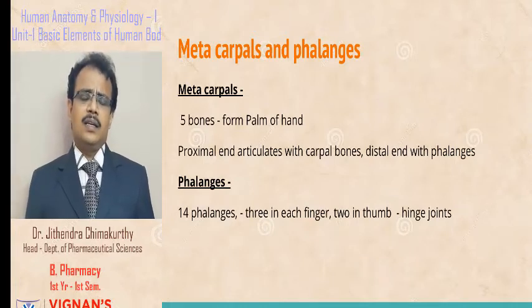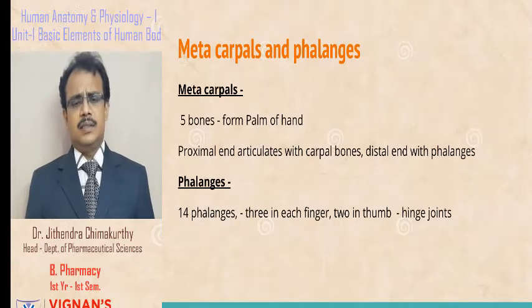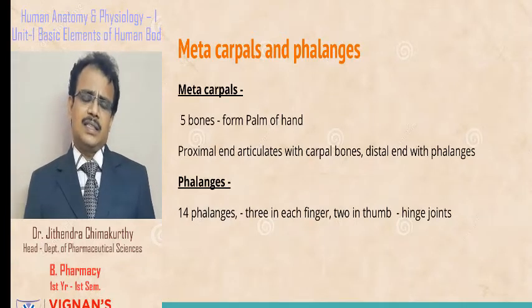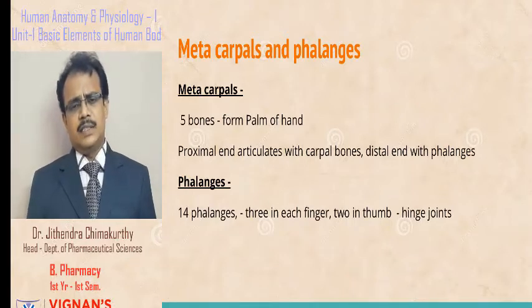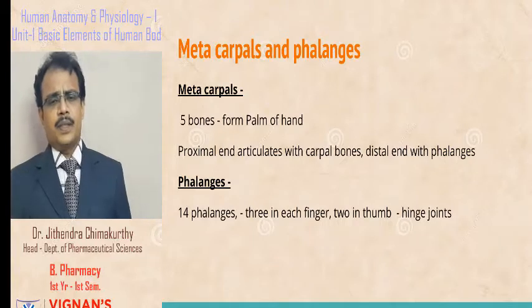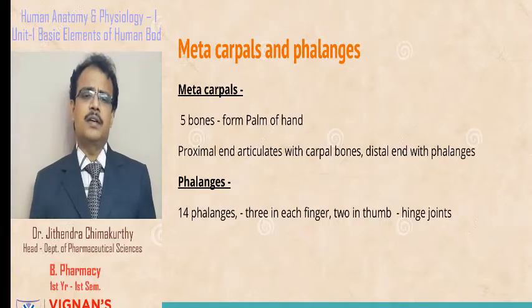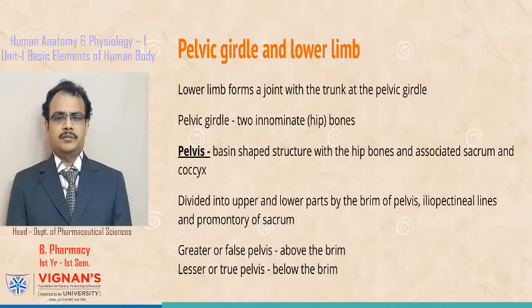There are 3 phalanges in each finger and 2 phalanges in the thumb, making a total of 14 phalanges, which form hinge joints with each other.